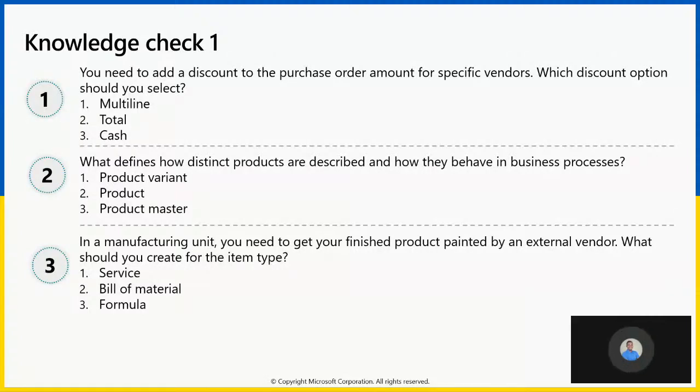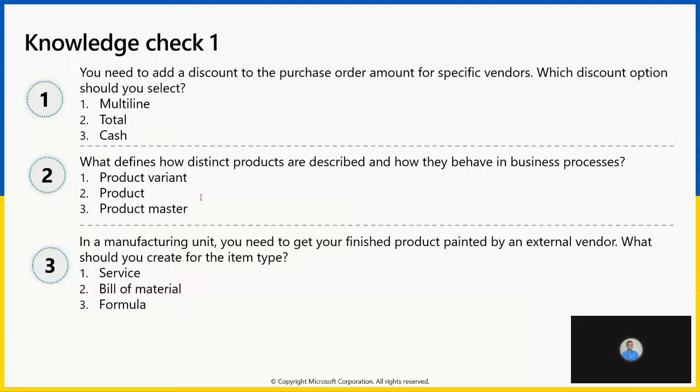Which should you select? So we have the multi-line, total, then we have cash. Number two says, what defines how distinct products are described and how they behave in business processes? So we have product variant, we have the product, we have the product master.